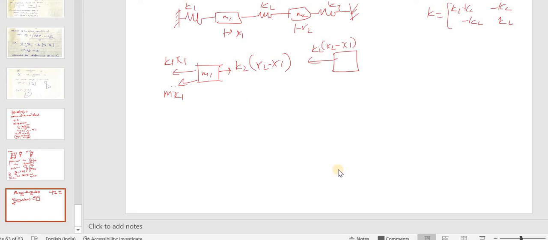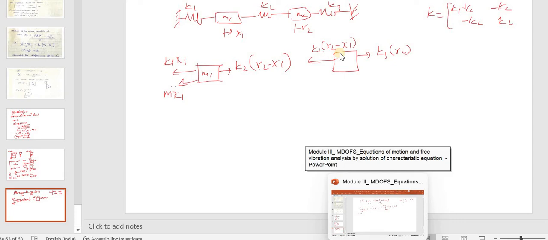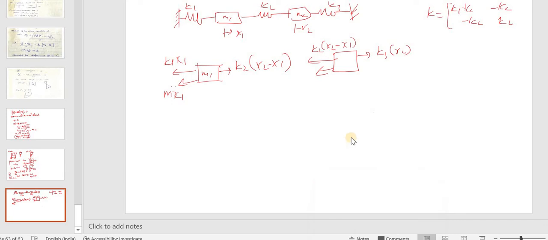Then what are the other things? Towards this side I am having k3 into x2, and towards the opposite side this is m2 into x2 double dot.